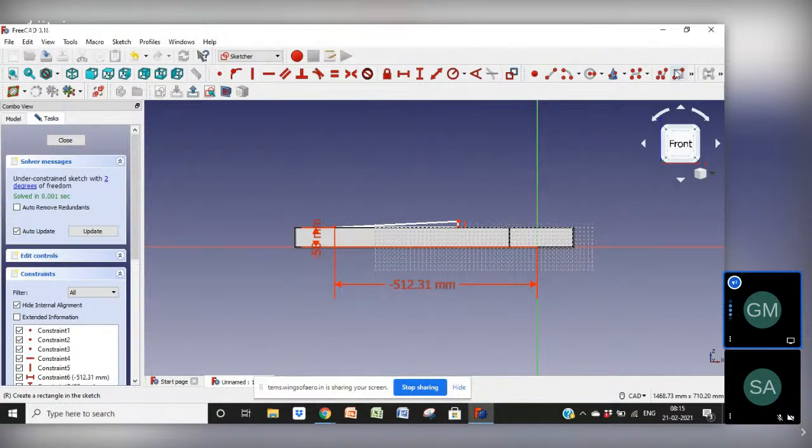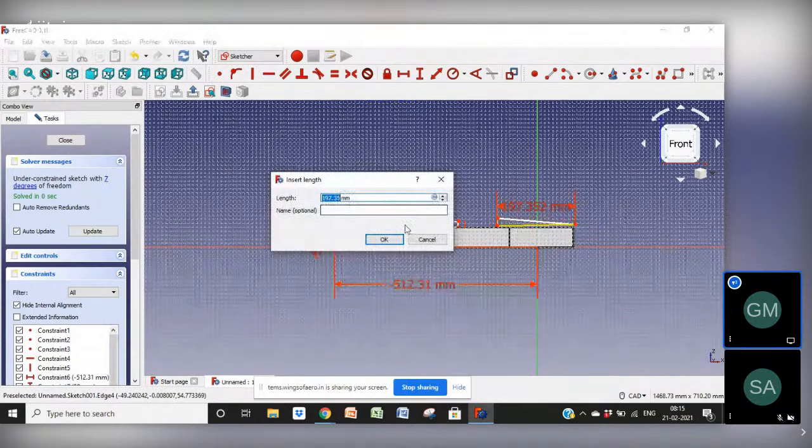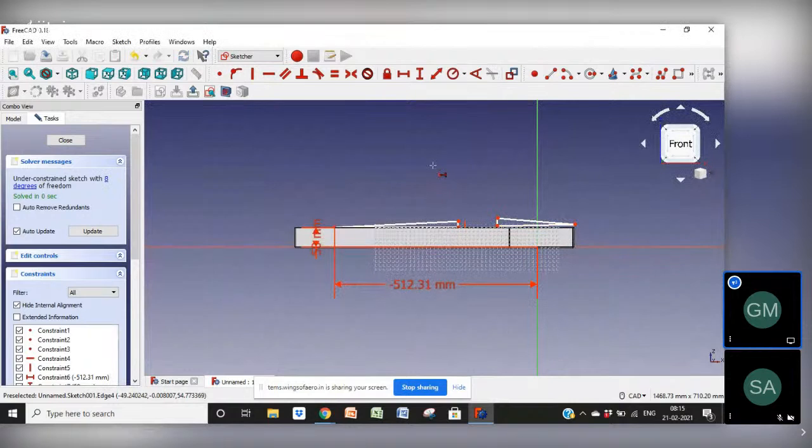Okay, another triangle I will make from here to here. Okay, sorry, and this is horizontal. This one is vertical, and this one would be horizontal.